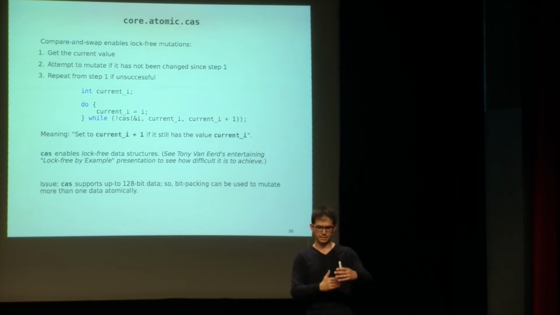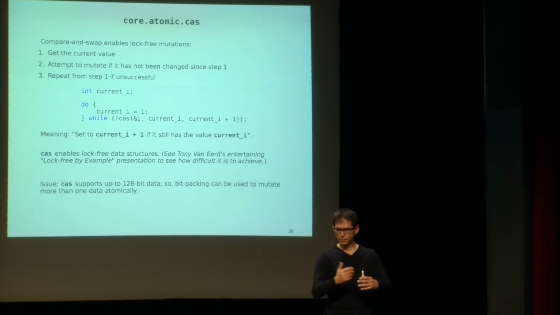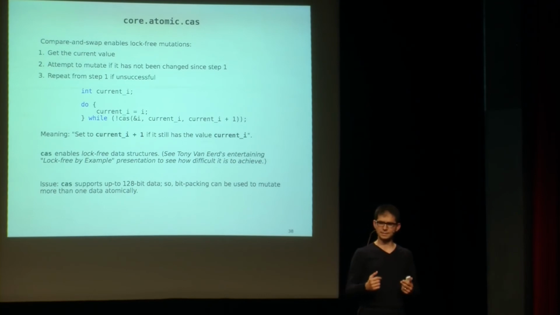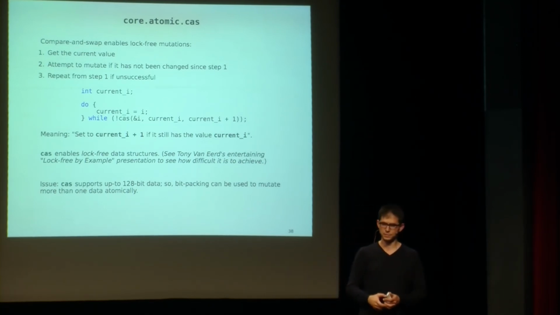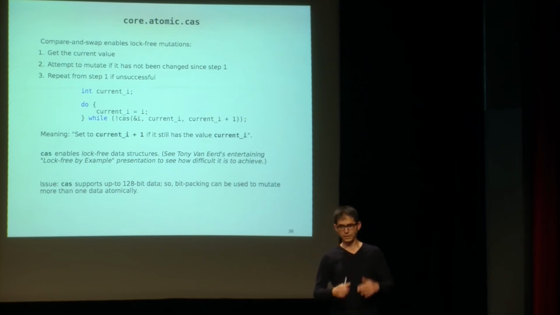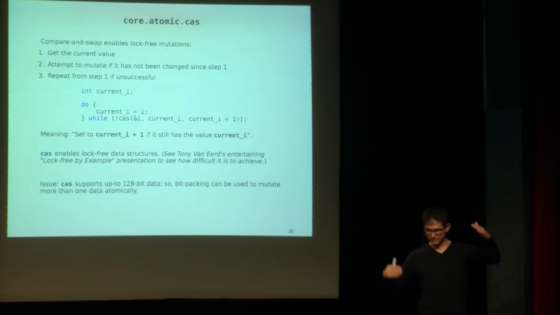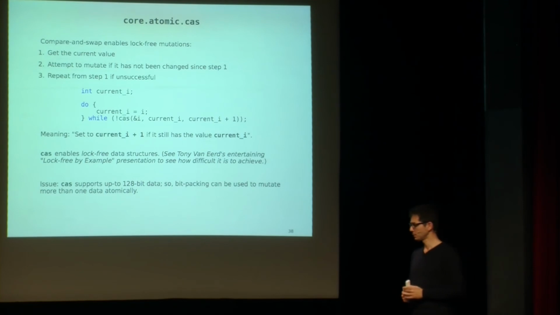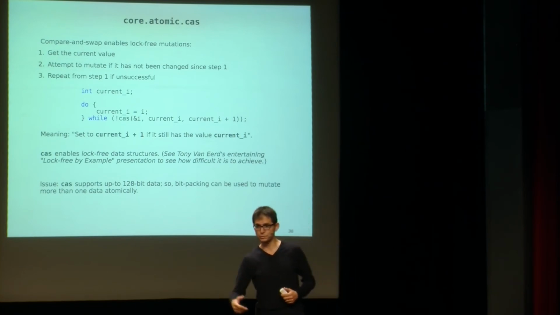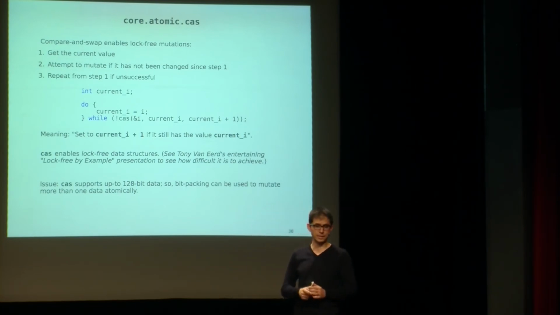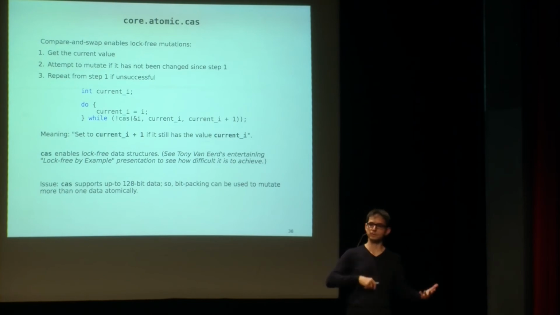I need to protect that access to that variable. However, it's likely that no two threads will be interrupted right when you're dealing with that variable. It's actually unlikely if you have long executing code around that. So what you do is, let me try to mutate this guy, thinking that maybe I'm the only one who's mutating. If it works, great, I mutate it. Otherwise, the CPU will tell me.